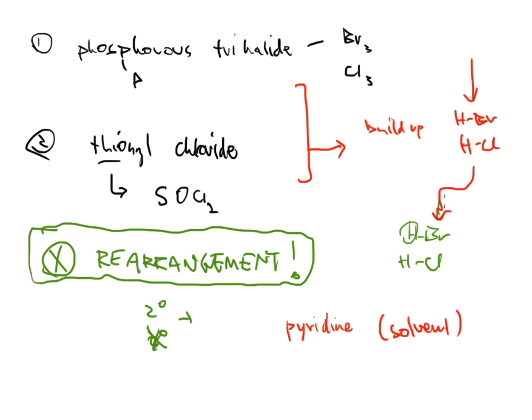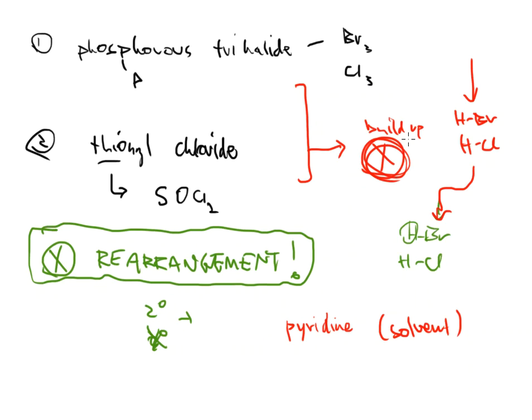We've already talked about HBr and HCl. HBr and HCl could then come around and attack the organic that I am wanting to react with thionyl chloride or phosphorus trihalide. So we have to prevent the buildup of this. We cannot allow this to happen. If so, we're wasting our time.